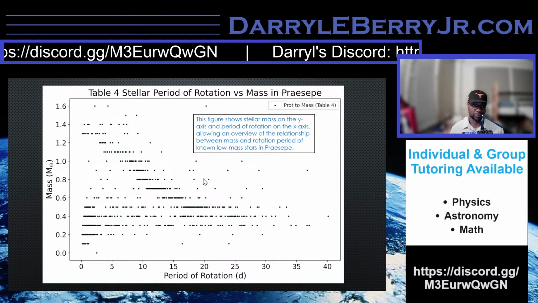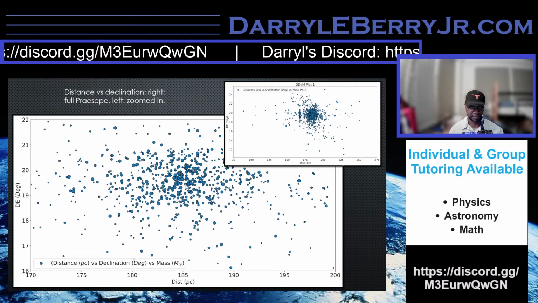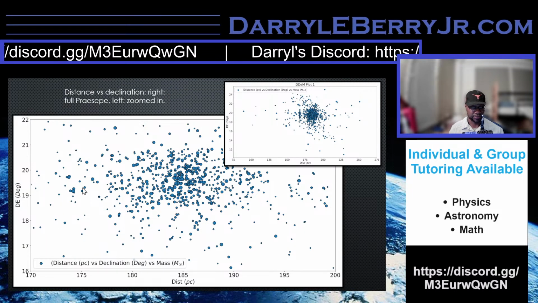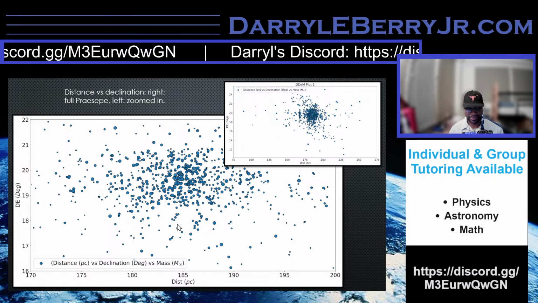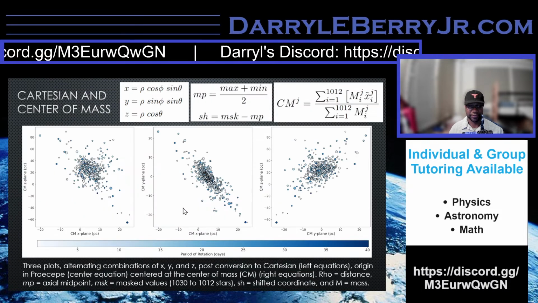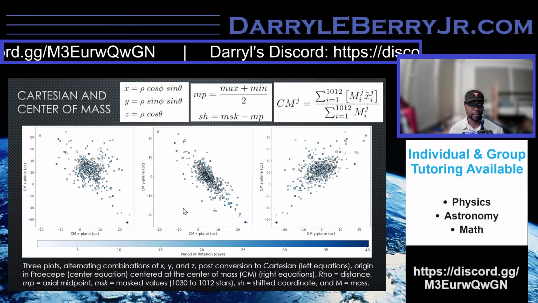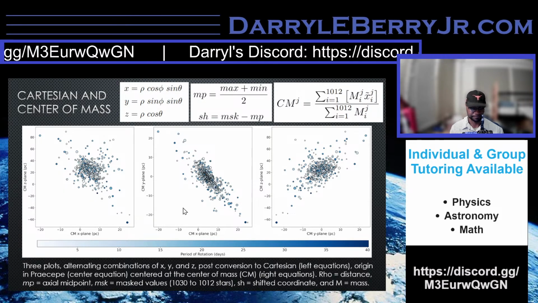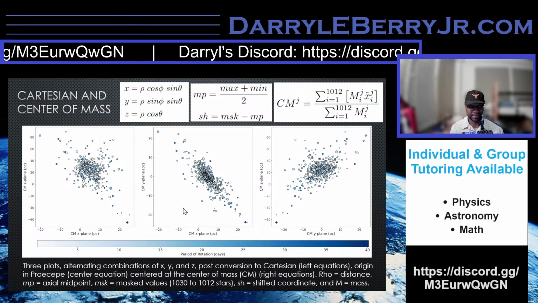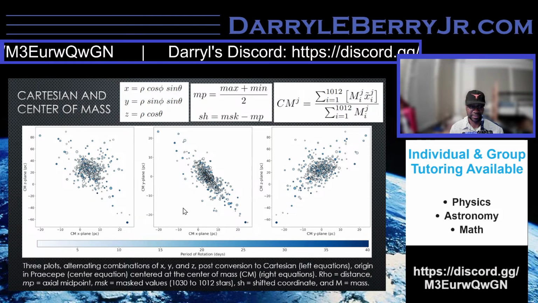One of the things I did, if you notice this plot here, it's in degrees declination on the y-axis and distance. I converted it to Cartesian coordinates, as suggested by my mentor, using the equations at the top, standard spherical coordinates.